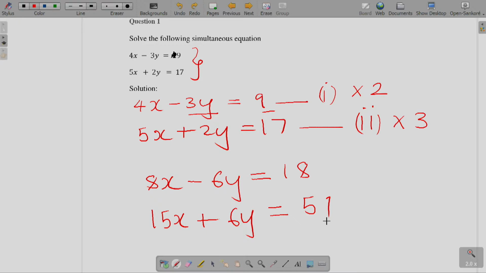So now the following step is to name the equations that we got.